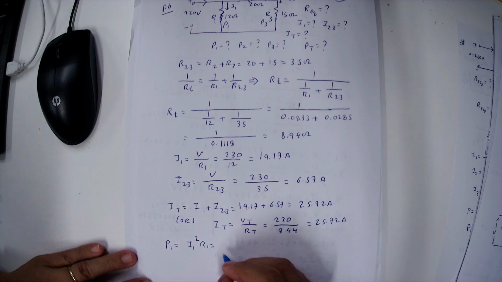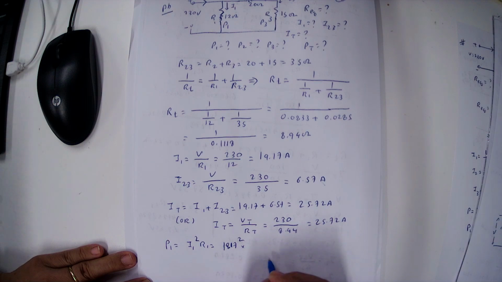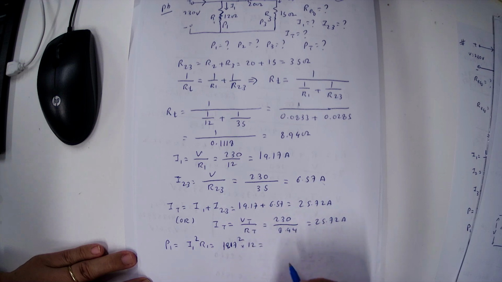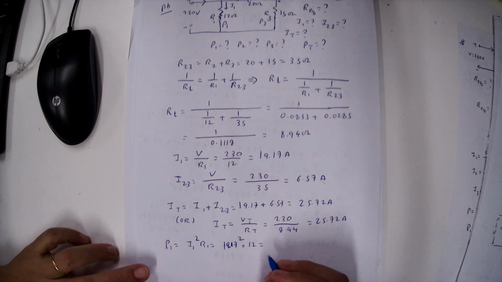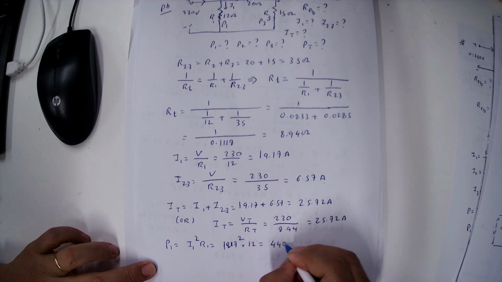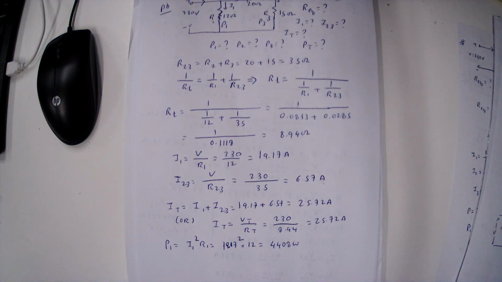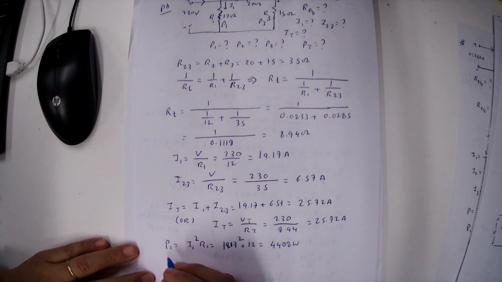I1 current is 19.17 square, and R1 value is 12. 19.17 square multiply 12. So you got 4408.1. P1 is 4408.1.